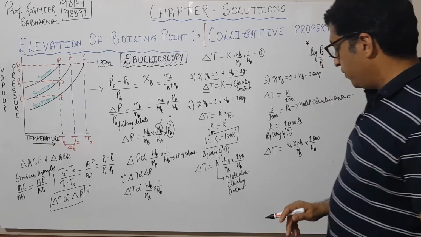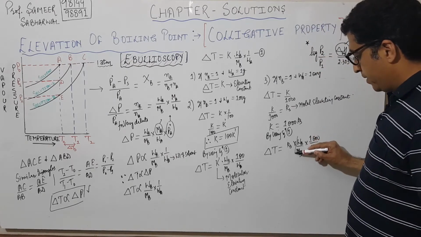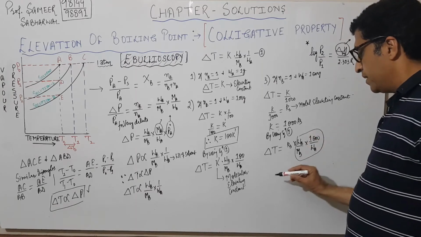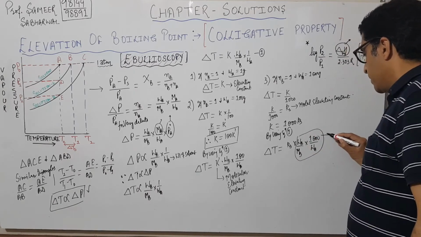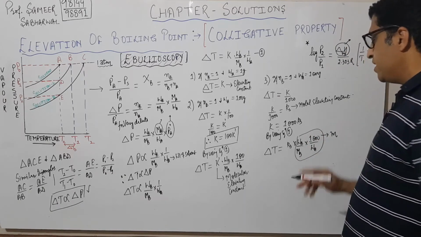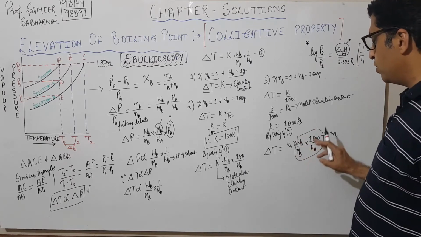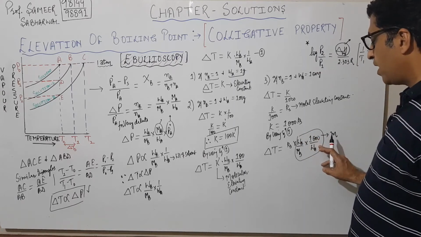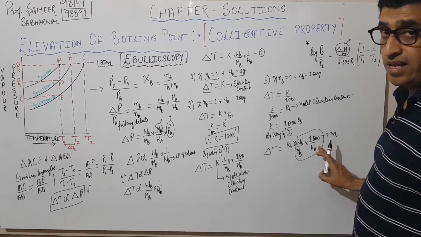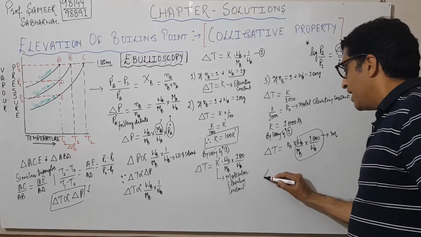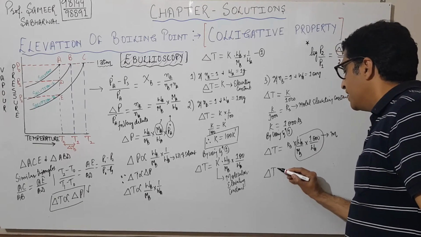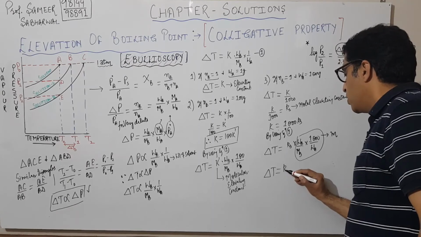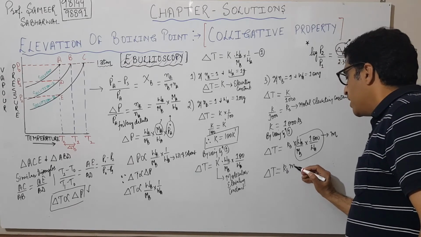Now students, if you see this term properly, don't you feel this is molality? Number of moles of solute dissolved per kilogram of solvent. That is molality. So I have simplified this: delta TB is equal to KB m.